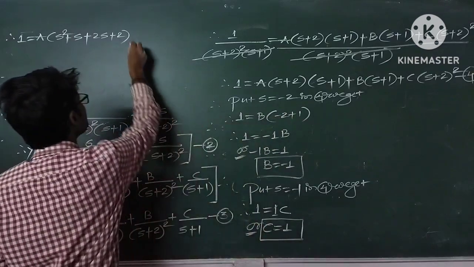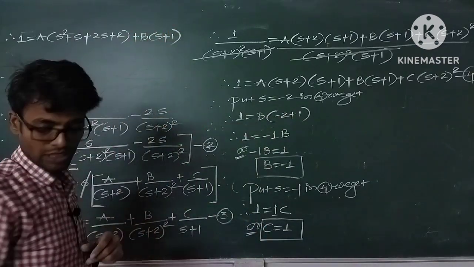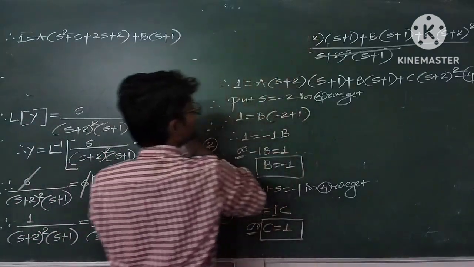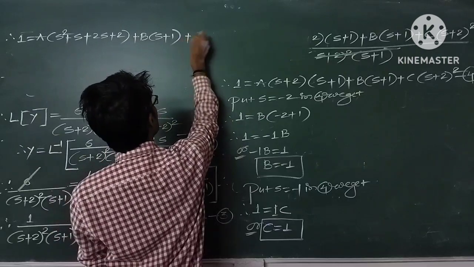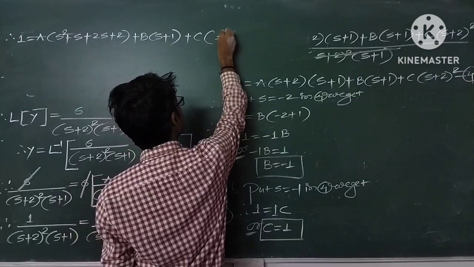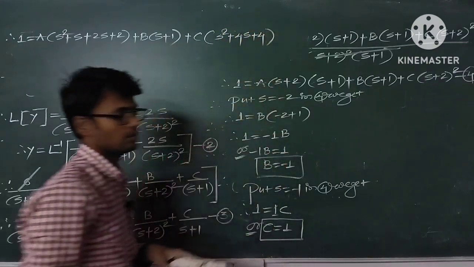After that you write plus B into (s plus 1), plus C into (s plus 2) whole square, and (s plus 2) whole square is s square plus 4s plus 4.